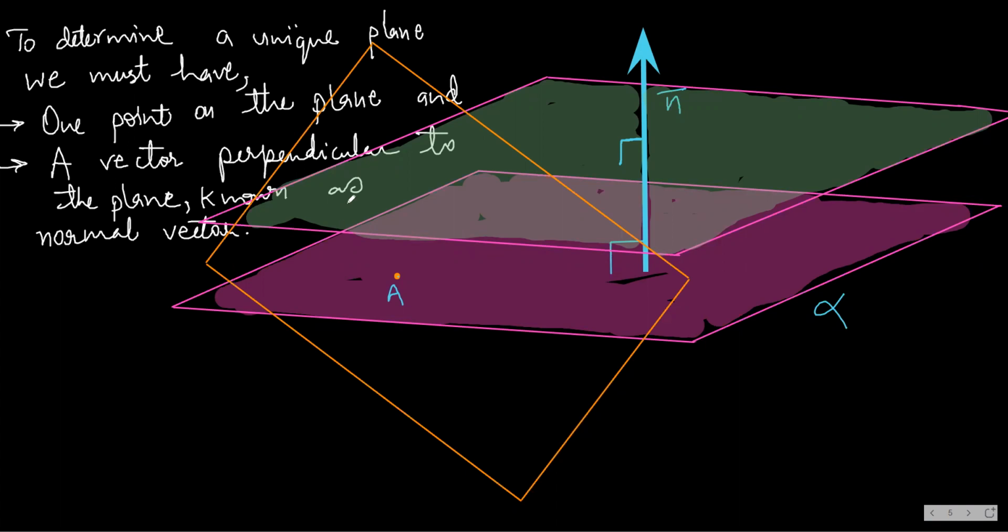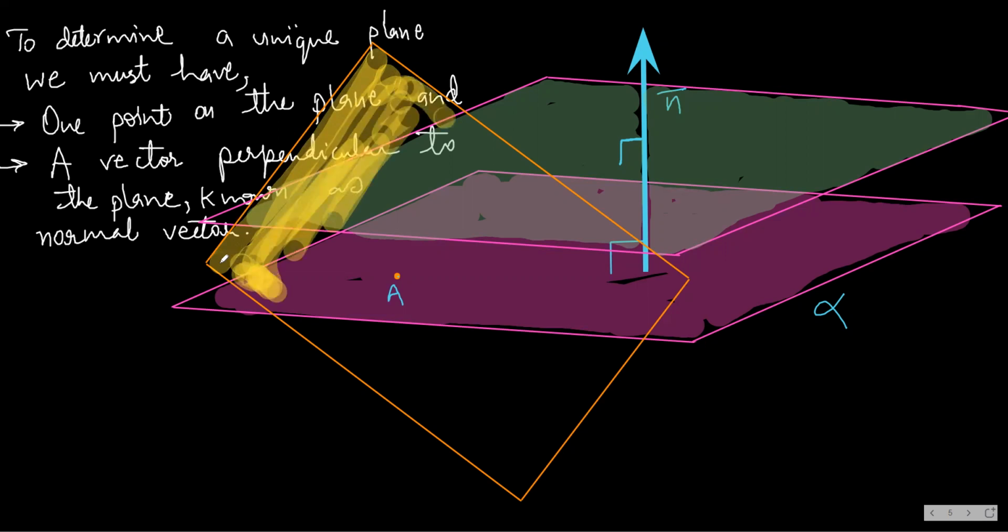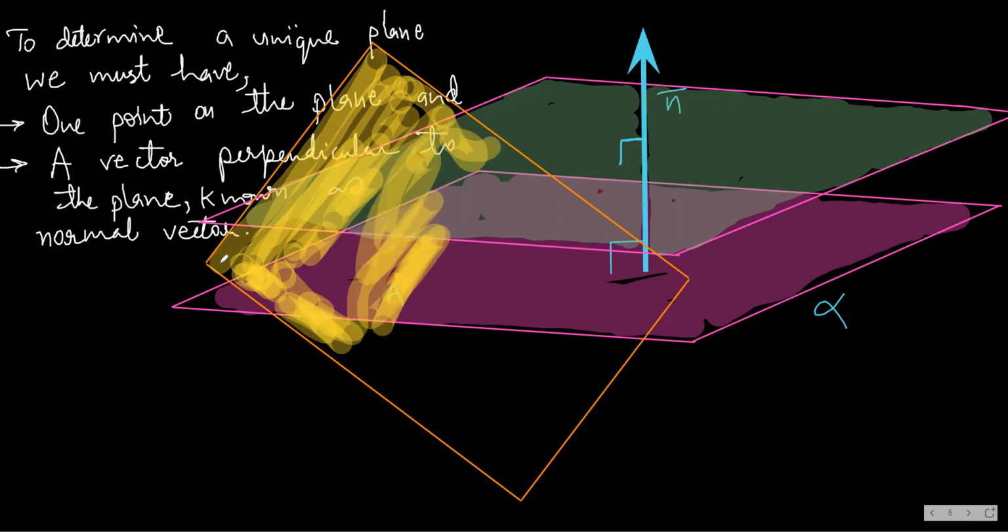I can have a plane here which is containing this point. This plane also contains point A. This point A is being contained even by this plane.